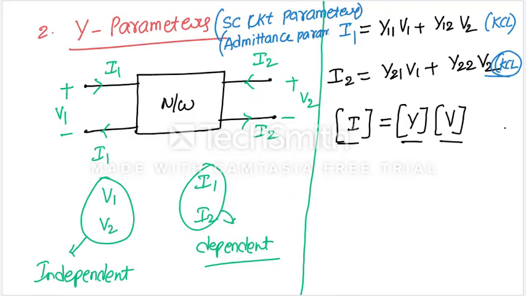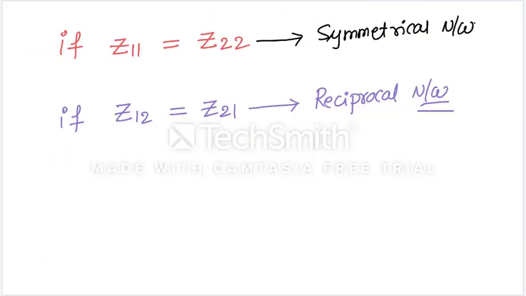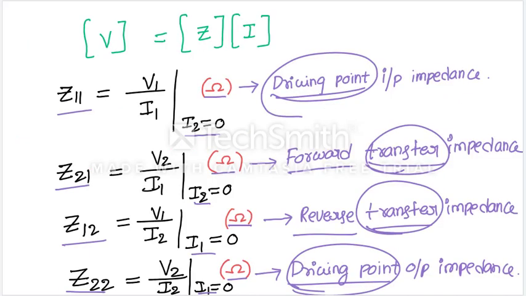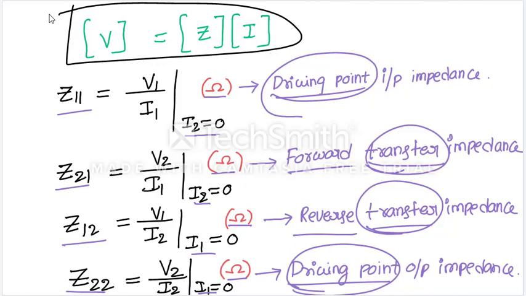Previously we saw for Z parameters the relation V matrix equals Z matrix into I matrix.